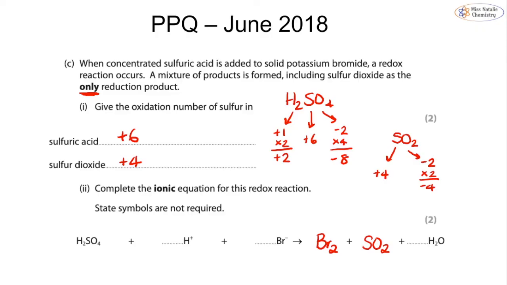So if I make a bromine molecule, I must have 2 bromide ions, and I'm also going to make 2 waters, and I'm reacting 2 hydrogen ions, because remember the H plus and the Br minus is actually the hydrogen bromide, so they should be in a 1-to-1 ratio. And that gets you your 2 marks.